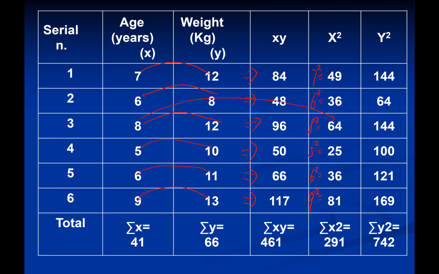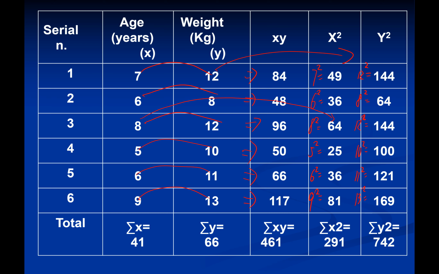First y value is 12. 12 squared is 144. 8 squared, that's 64. 12 squared again, 144. 10 squared, that's 100. 11 squared, 121. 13 squared, which is 169.